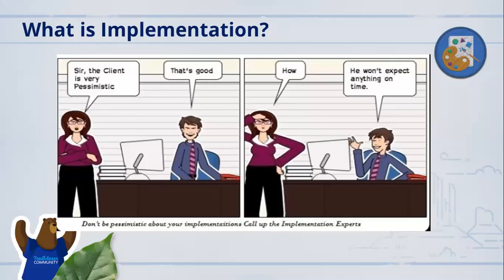I wanted to spend just a second on what implementation is. On a lighter note, this is what goes on at the client side, where there's a lot of pressure and thinking: we bought a platform, but how will we go about the implementation?